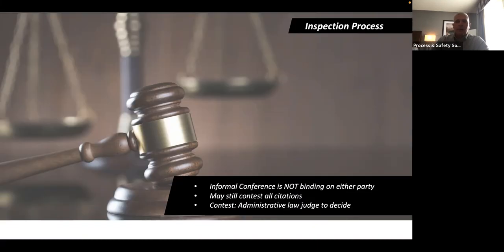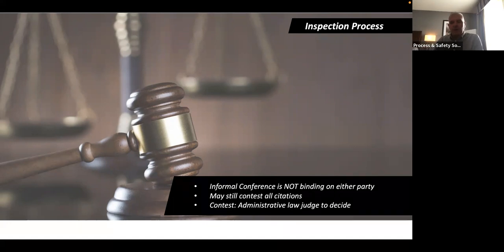And let me go back over a couple other things. Typically, for those of you not aware, if you contest the citation, it normally goes to an administrative law judge. A law judge decides, and if you as an employer or company don't like the resolution by the administrative law judge, then you can appeal to the review commission, the OSHA review commission, which is a set of judges that will decide the case themselves.